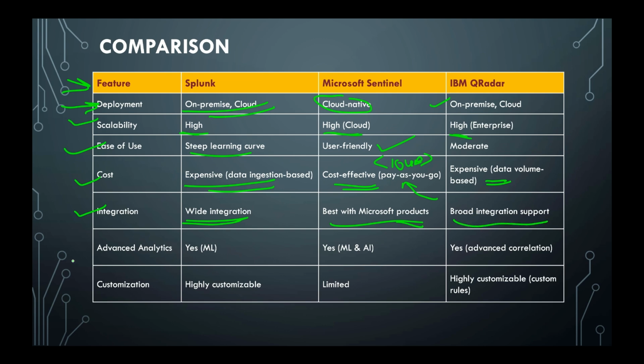And advanced analytics: Splunk supports machine learning, and Sentinel also supports machine learning, while QRadar is based on advanced correlation. Splunk is highly customizable, you can play around with it, and Microsoft Sentinel is limited in customization, while QRadar is also highly customizable.